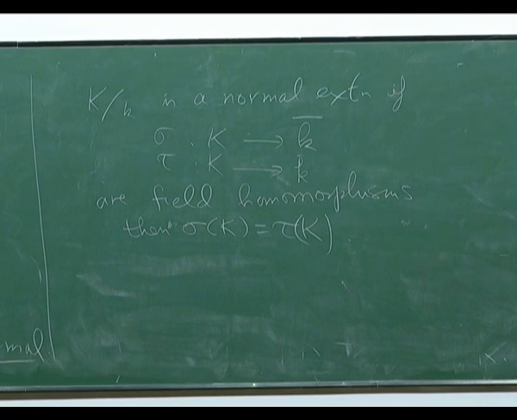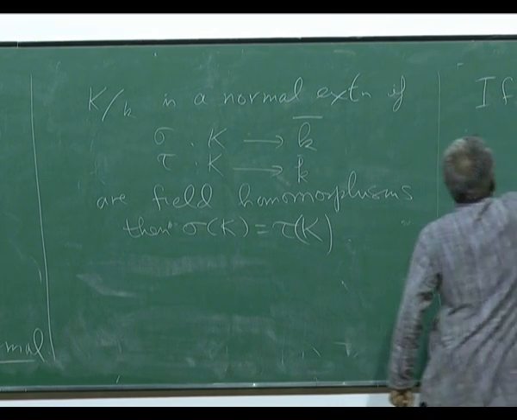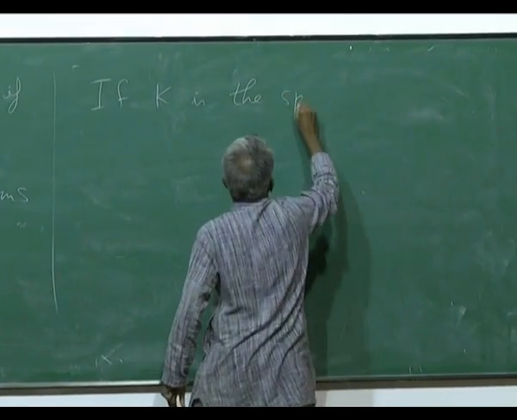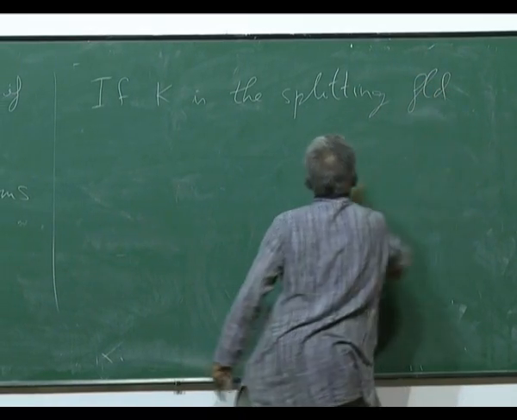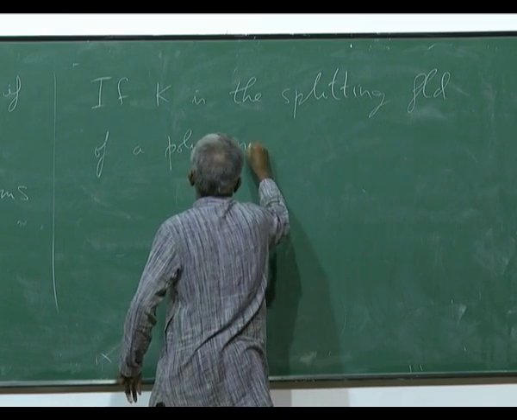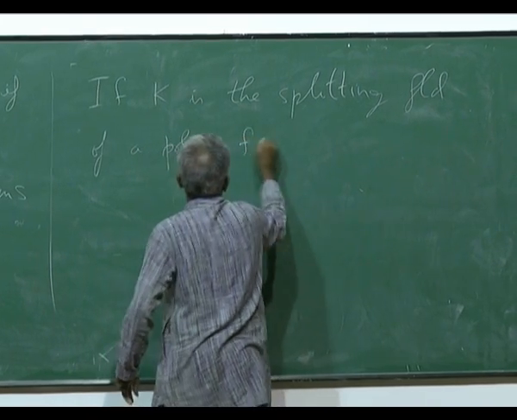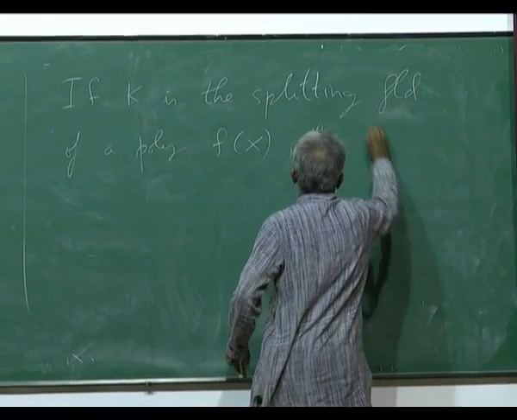So one nice thing is that if K is the splitting field of a polynomial f of x, then K is normal.